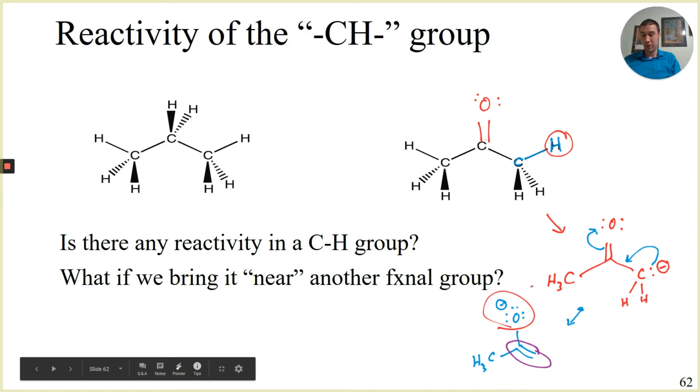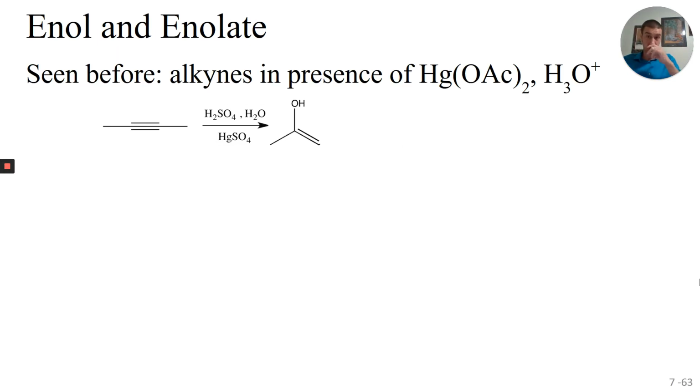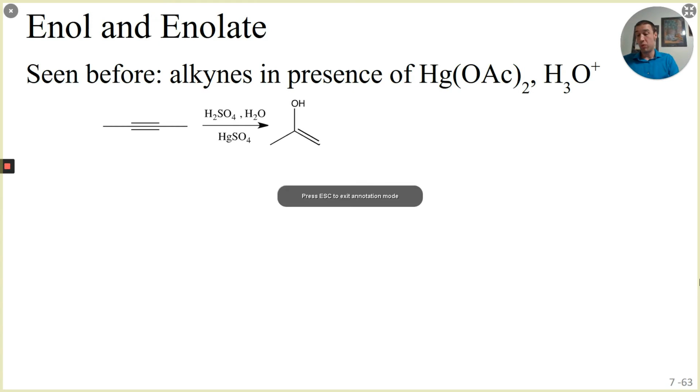I've kind of highlighted a little aspect of that to help draw your attention to it. So we've seen this before with our enols and our enolates. If we were to go through and run the mercury reaction or the mercury addition, which is H3O plus to an alkyne, that pi bond does go through the addition reaction, and it results in the presence of the OH and a new H on our structure. Right? So that's cool.